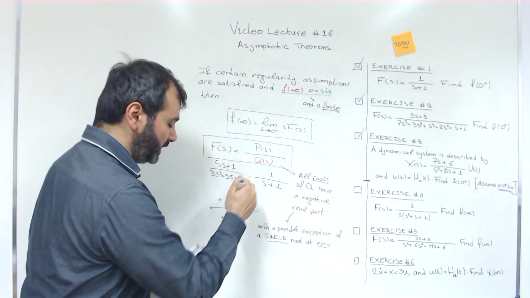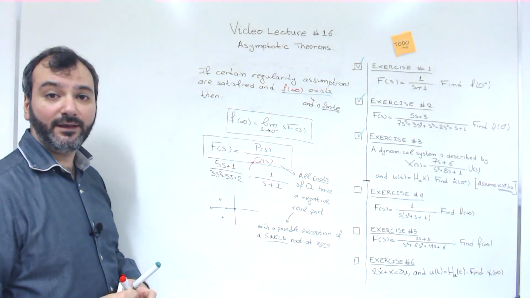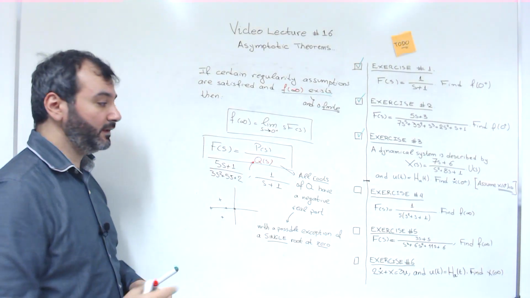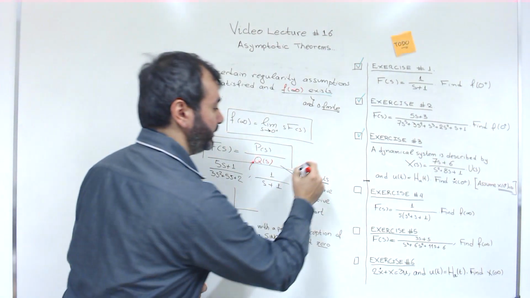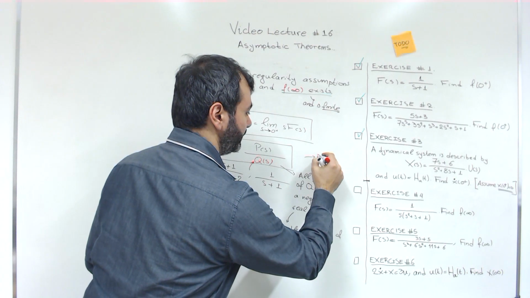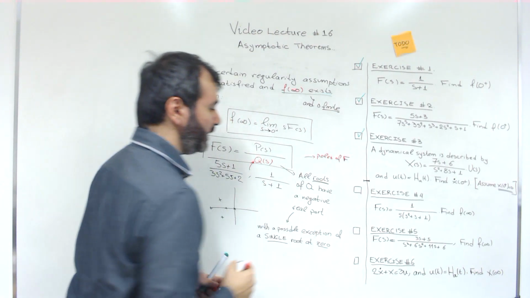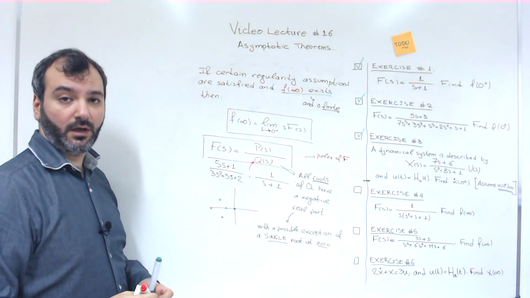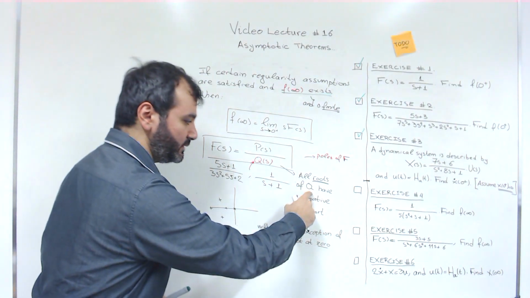And focus now on the denominator only. Now find the roots of this polynomial. The roots of Q are called the poles of F uppercase. So find these roots.